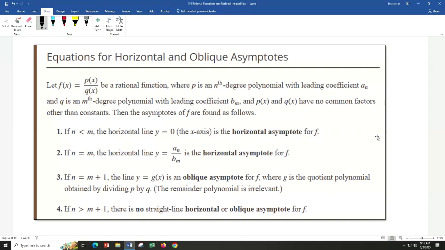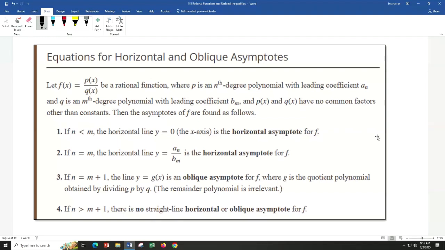If n is equal to m plus 1, that'd be like saying if n is a 3 and m is a 2, well, 2 plus 1 is equal to what? The 3. They're basically one away from each other.